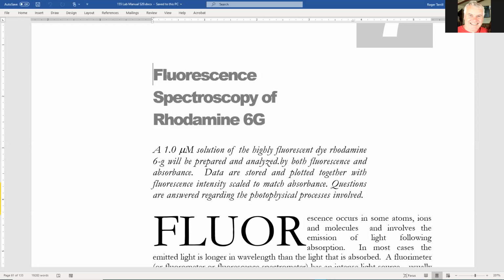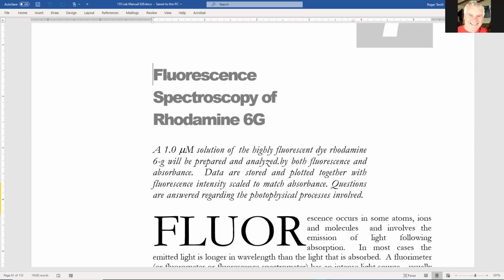There's actually three spectra that we're going to process. Two of them are described in the lab here, and there's a third we'll add alongside it. The three spectra are absorbance, then fluorescence excitation, and fluorescence emission.